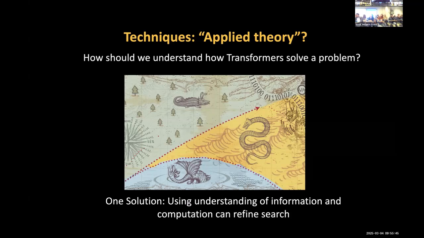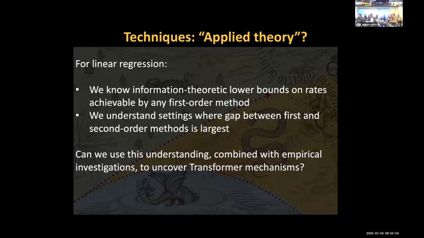Perhaps guided by what we understand about different ways of solving the problem and trade-offs between different resources and what these different methods, say first and second order methods, achieve in terms of these trade-offs. In particular, for regression, we understand the theory behind it really well. So we know, say, the information theoretic lower bound on the best possible rates achievable by any first order method.